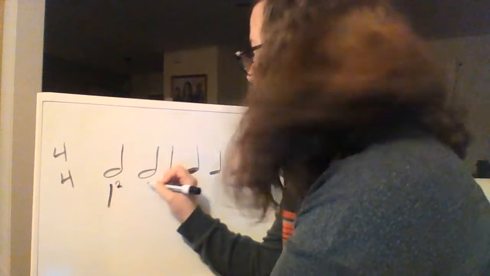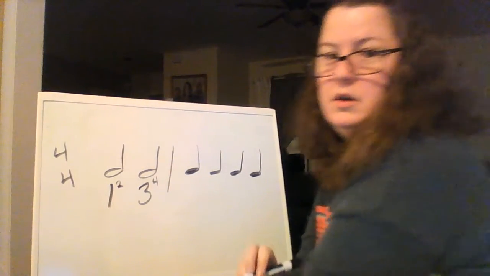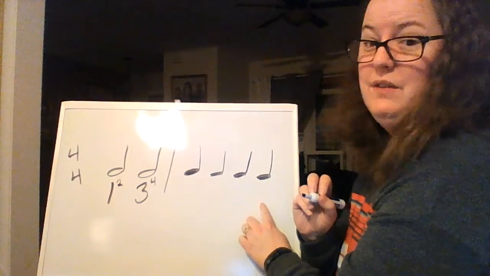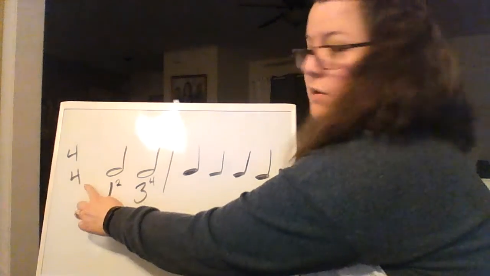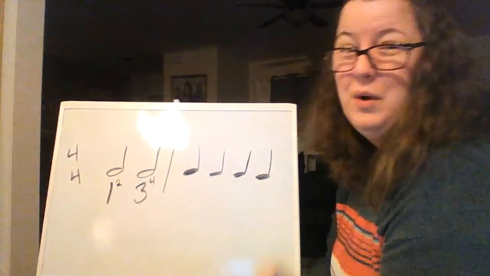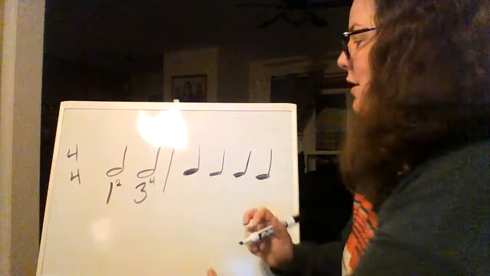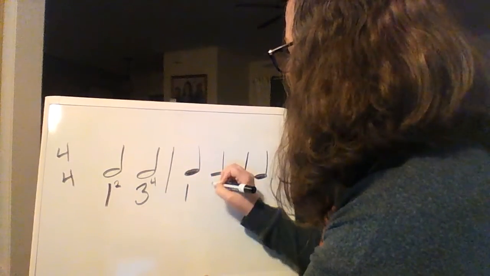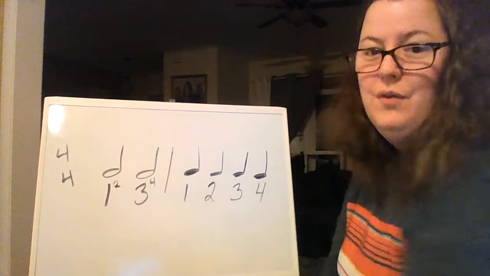This is a big 3, little 4. And hopefully this one's really easy for you because there's 4 of them and they're quarter notes. We said the bottom number being a 4 is a fraction, so a quarter note equals 1 beat. So then we go 1, 2, 3, and 4.